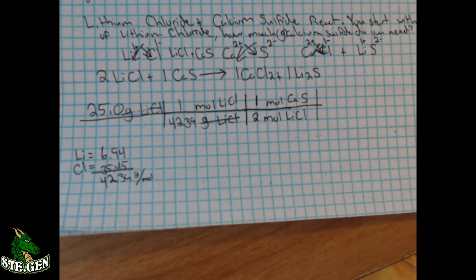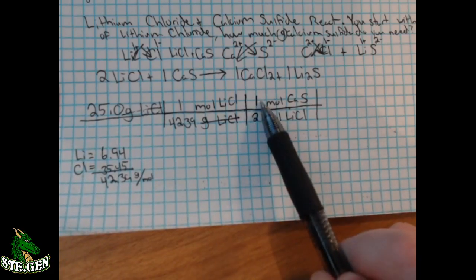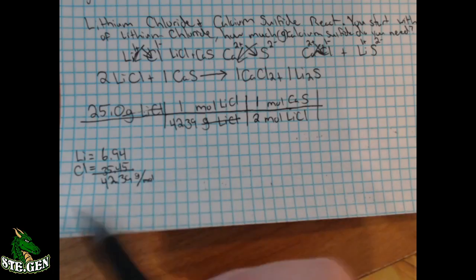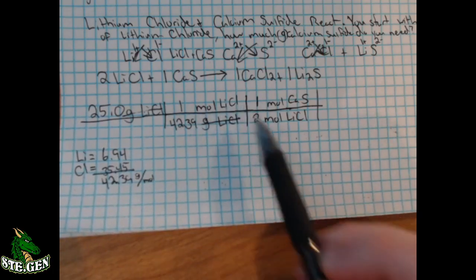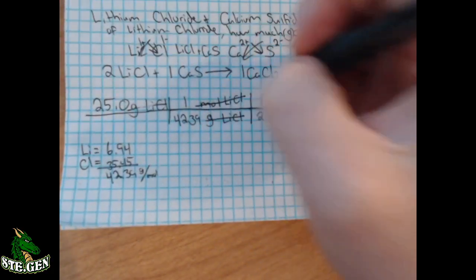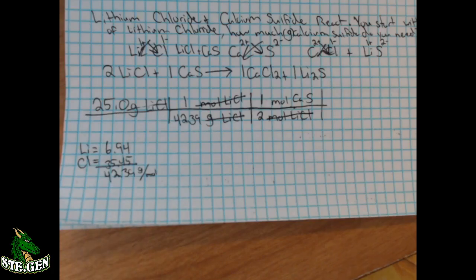So this is like the same thing as saying for every 2 diamonds we use in a sword, we will need 1 stick. It's the same exact type of conversion factor. But now we're converting, instead of from diamonds to sticks and diamond swords in Minecraft, from moles of lithium chloride to moles of calcium sulfide. So now we've converted not just our moles, but we've actually changed the substance we're talking about.